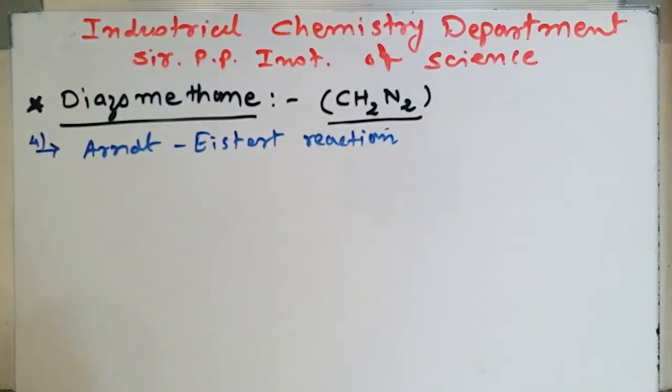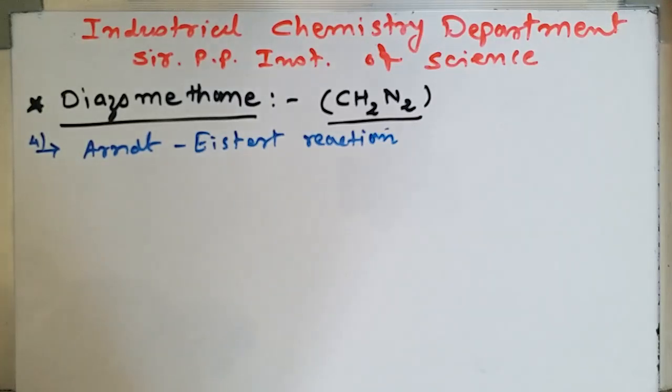Diazomethane is also used in the Arndt-Eistert synthesis, which consists in converting an acid into its next higher homologous compound.